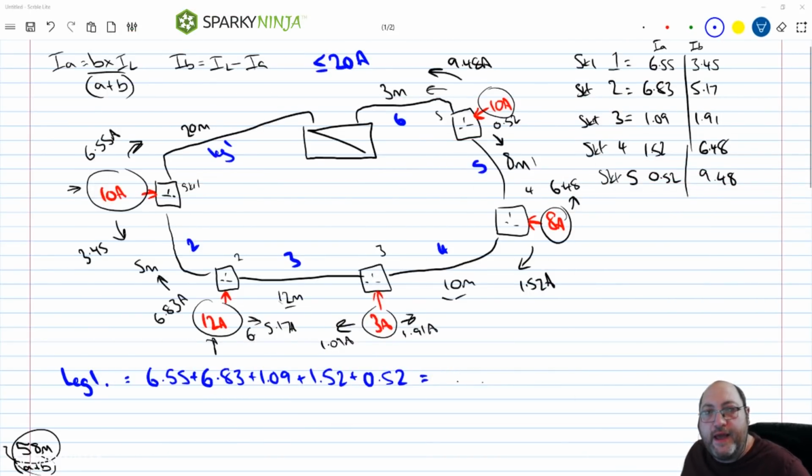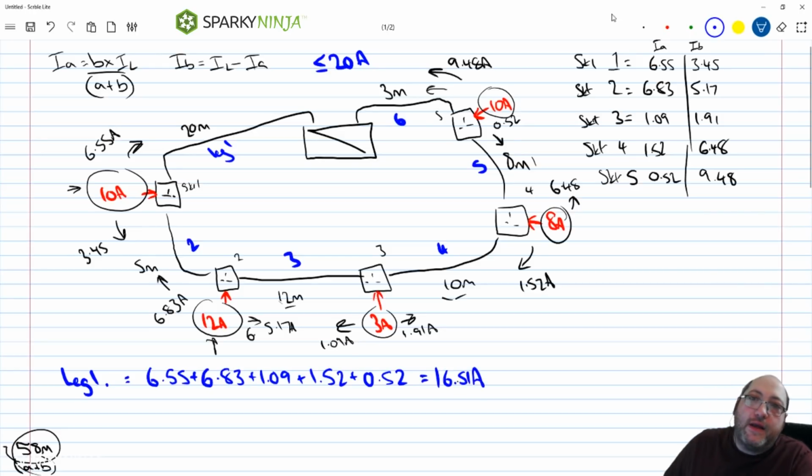So this leg has 16.51 amps on it. Let's write that there, shall we? 16.51 amps on that leg. Happy days. Leg 2.